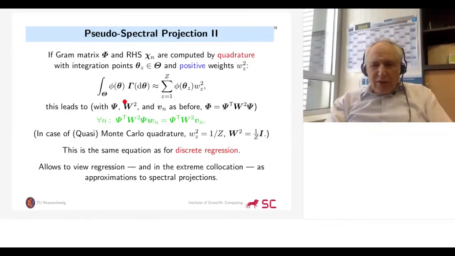This quadrature formula will give us the weights. So the diagonal of these guys will give us this matrix, and it turns out then Phi can be written like this, as this triple product.